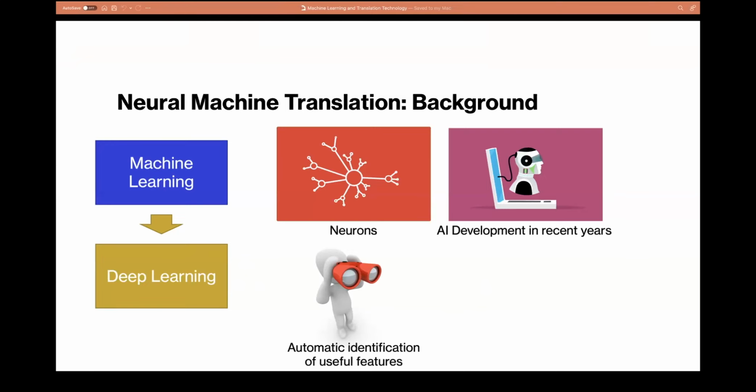For example, image classification: you want to build an engine to classify images of dogs and images of cats. Of course, you need to have a large set of data for training, and in addition, you need to build an engine that can learn from the data you have. For many machine learning approaches, you need to tell the computer to pay attention to the eyes, to the nose, and to the ears, and so on.